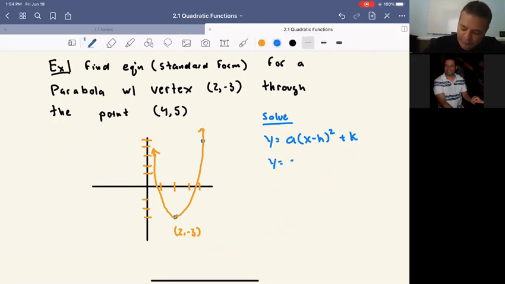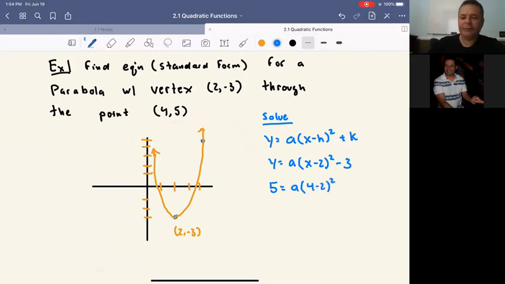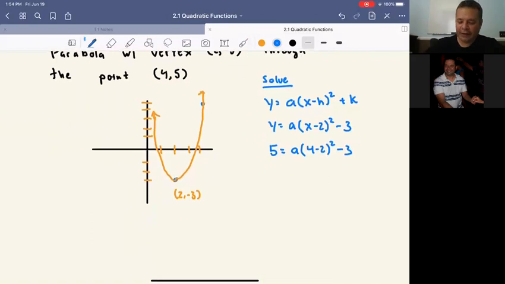So y equals a times x minus 2 squared minus 3. Now we use the point 4 comma 5 for x and y: 5 equals a times 4 minus 2 squared minus 3.